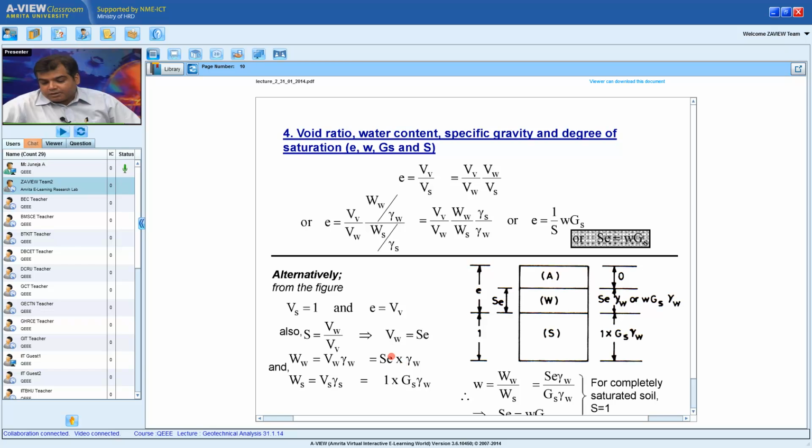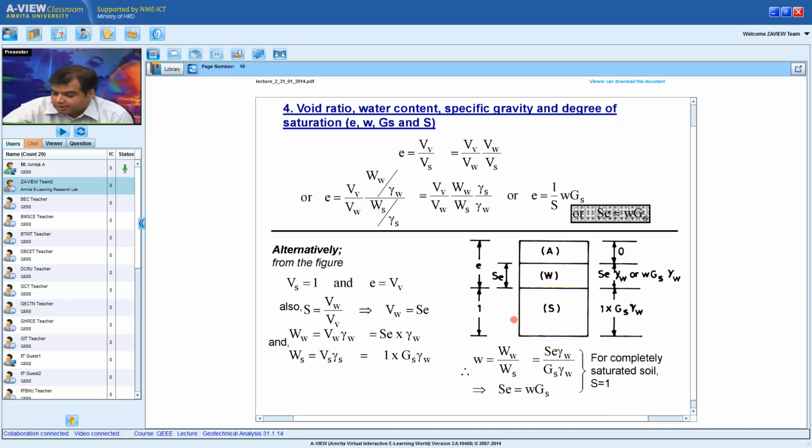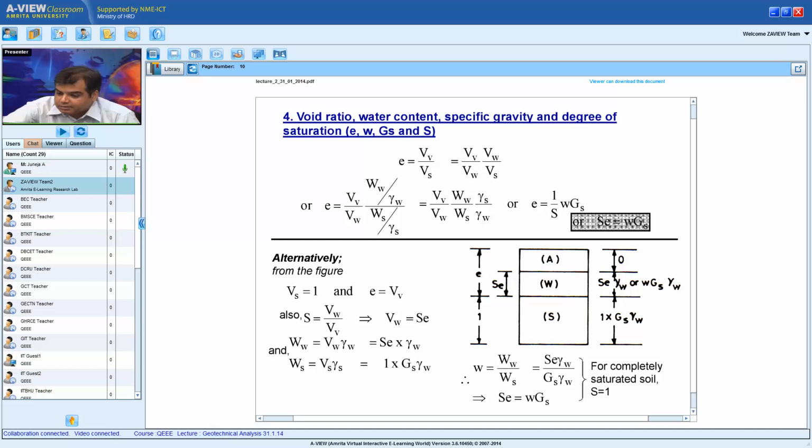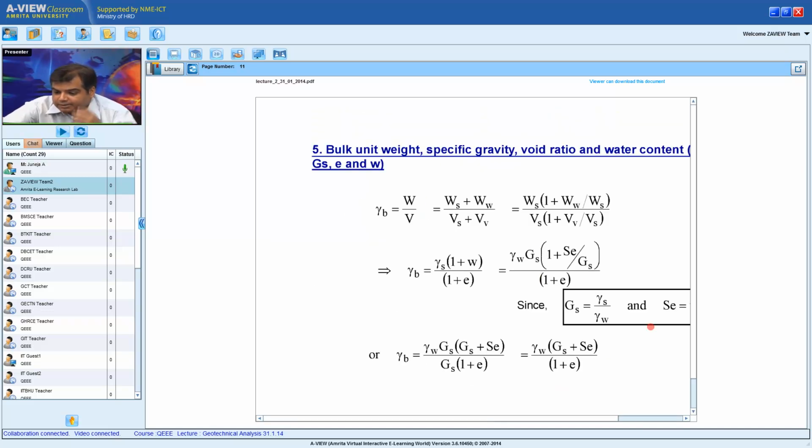If you take the numerator and denominator, the unit weight of water will get cancelled out. So you have a wonderful expression, which is Se = wGs. You are free to choose any one of these two procedures to solve at home. Let's move to the next slide please.